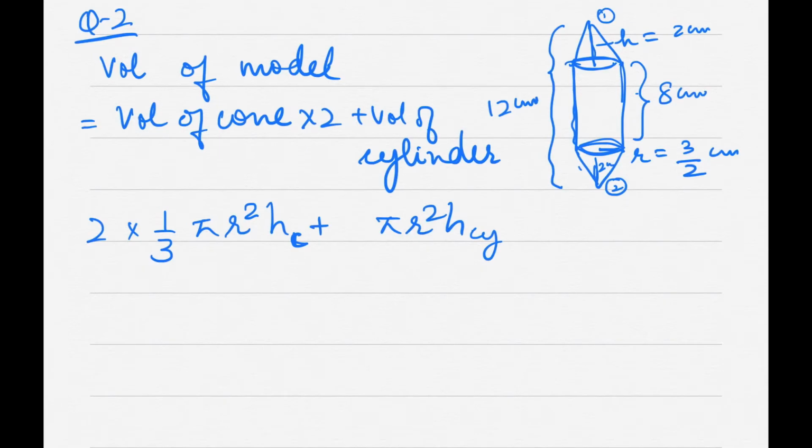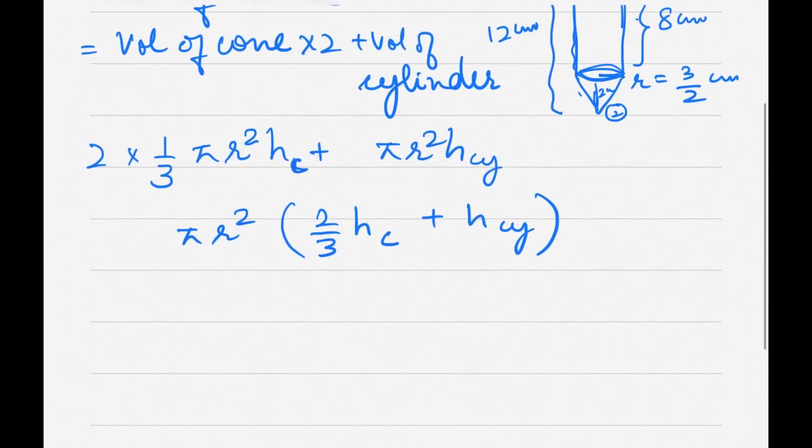Now I can say radius is same, so I can take it pi r square, I can take same, common, and then I have 2 by 3 height of cone plus height of cylinder.